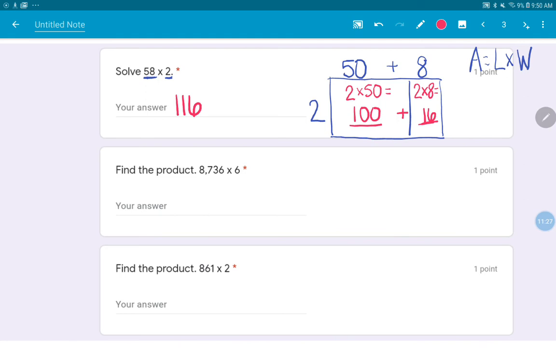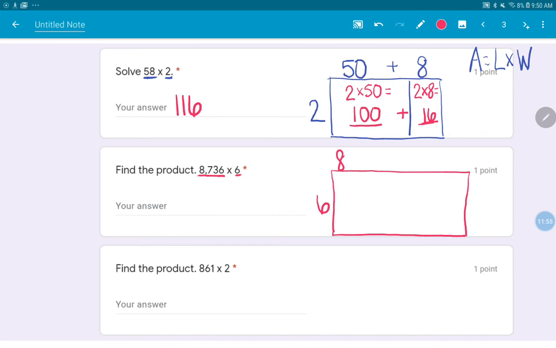Okay. Let's try another area model for 8,736 times 6. I'm going to start with a rectangle. I know this side's going to be 6. And I'm going to break this part into expanded form.